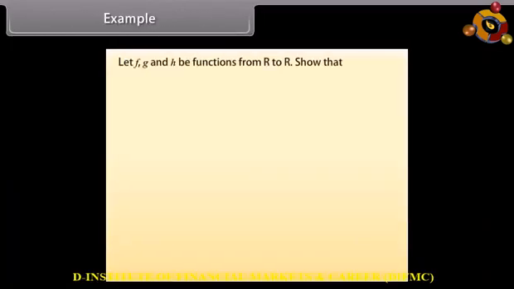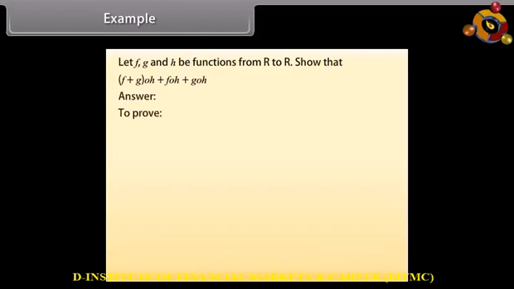Example. Let f, g and h be functions from R to R. Show that (f plus g) of h is equal to f of h plus g of h. Answer.